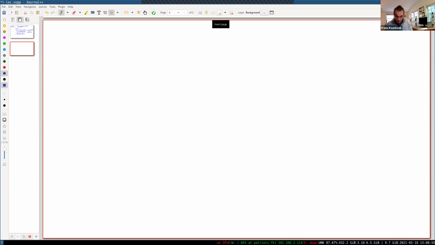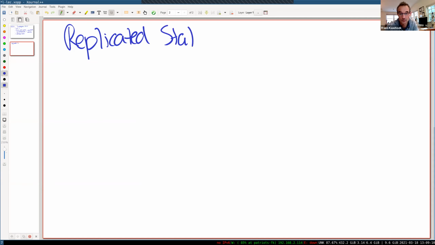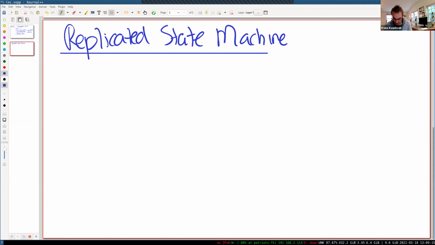Okay. Good. So just to start from the basics, Zookeeper is a replicated state machine, in the same way as the replicated state machines that we've been seeing. Let's just draw the usual picture.